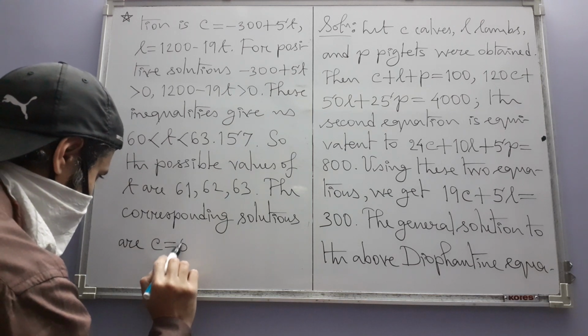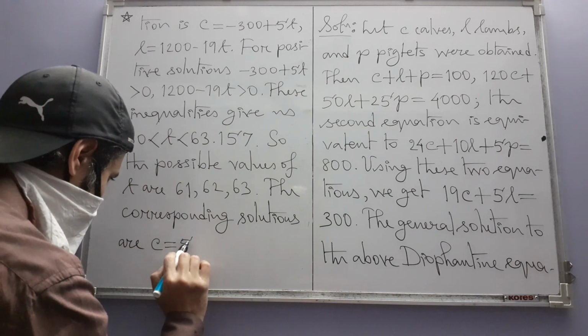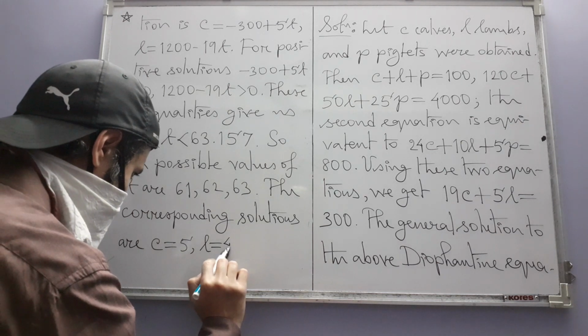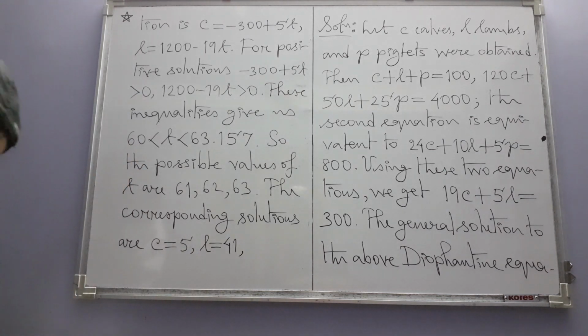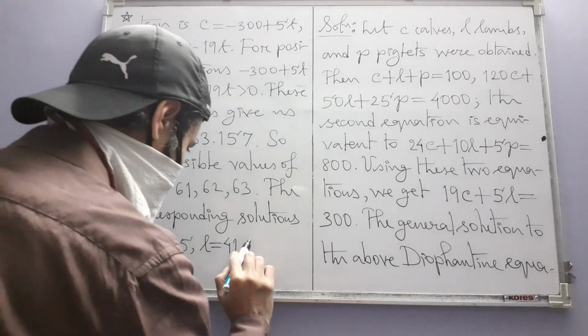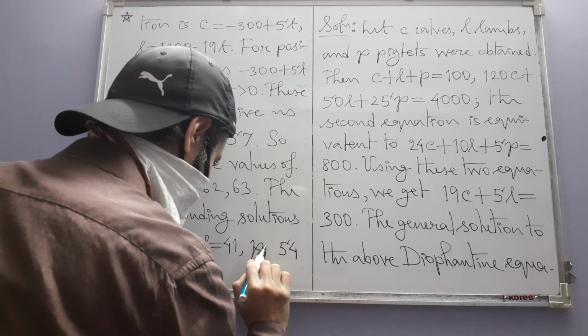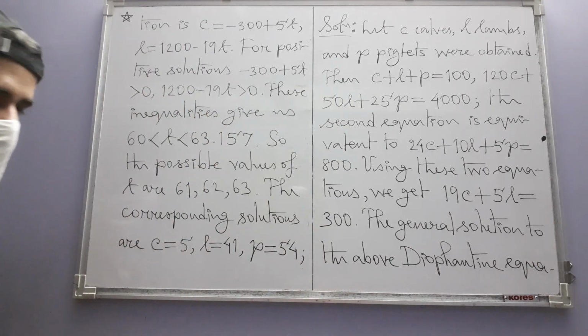So these are the solutions that we get for these corresponding t values. C equal to 5 calves, 41 lambs and 54 piglets. That is one possibility, and then there are other two.